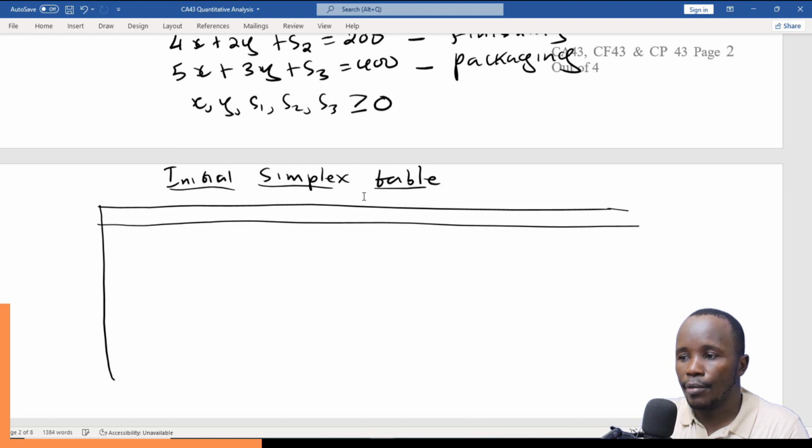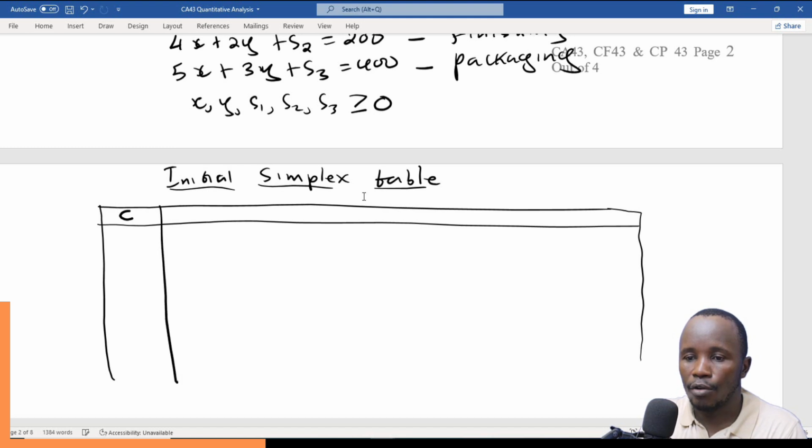This is how the table is supposed to be. In the first column, we are going to have a contribution, abbreviated C. That is our first column. Then we shall have the second column called basis.